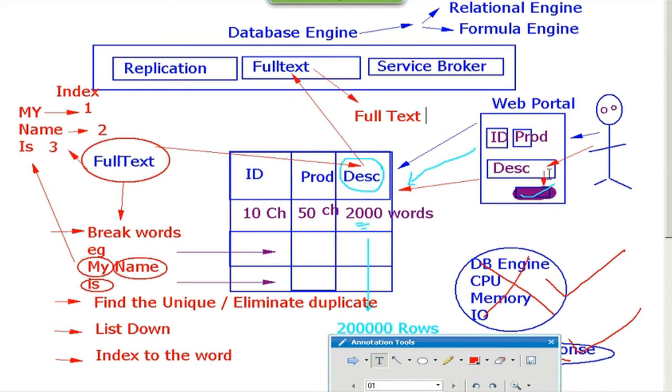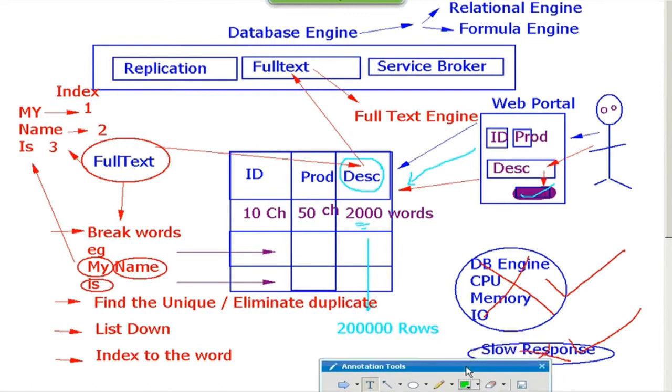This full text engine will do all the jobs of crawling and finding those particular words, because the indexes have been assigned, so it becomes easy. It will find those words and give you back the result set using that ID mapping. This will be much faster and with no stress at all. So this goes to your high performance; you have a high performance gain from here.